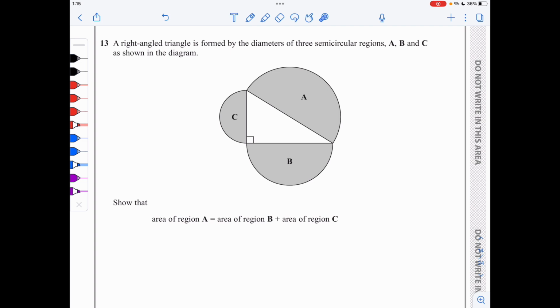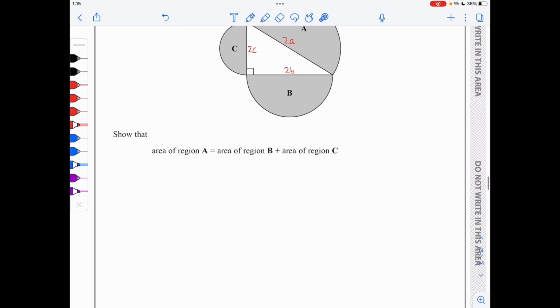In 13, we've got a right angle triangle formed by the diameters of the 3 semicircular regions. We need to show that the area of A is equal to the area of B and C. I will start by calling the three sides of the triangle here 2A, 2B, and 2C. In other words, A is the radius of this semicircle, B is the radius of this semicircle, and C is the radius of this semicircle.